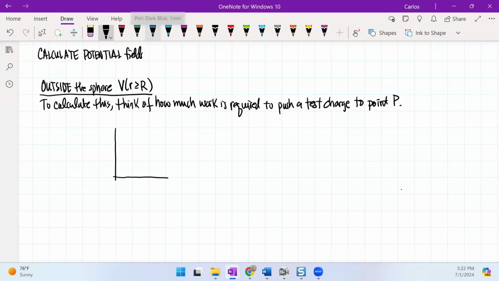I have my sphere, and it's looking like this. And of course, all of the charge is on the outside. It's a conductor, like we've already mentioned here. So I have plus, plus, plus, plus. And then we know that this distance right here is the radius. So now we start with our test charge. We start way out here, and we're going to bring it all the way right here.